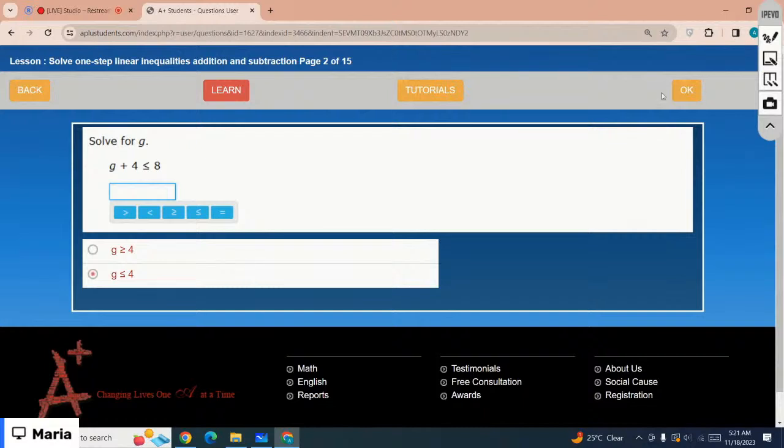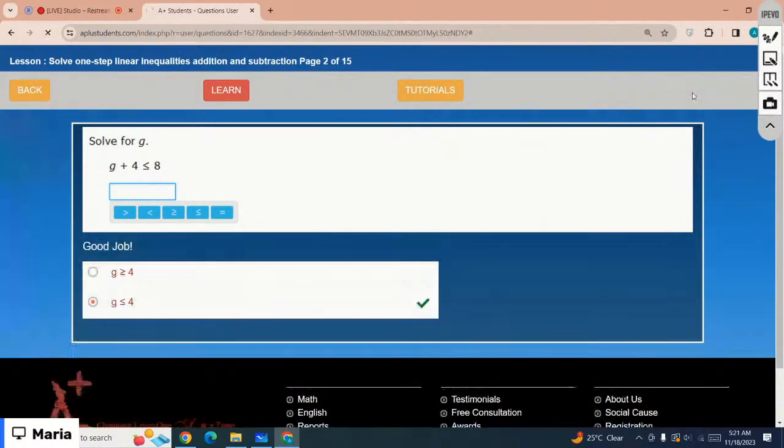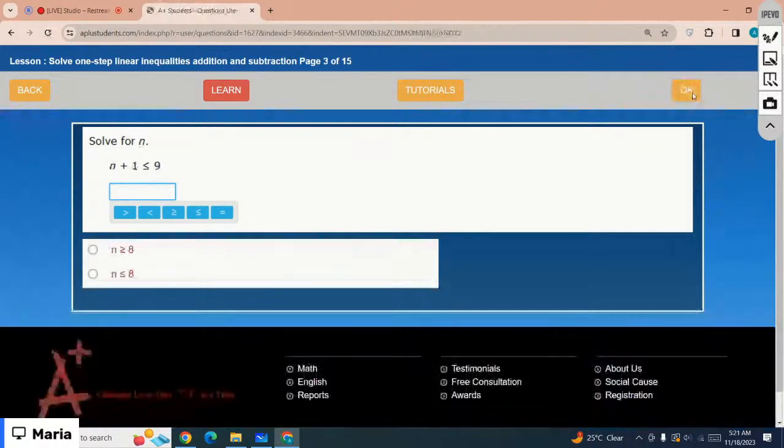Option number 2 is the correct option. Very good. Okay, the next one is n plus 1 is less than or equal to 9. So which is the correct option?